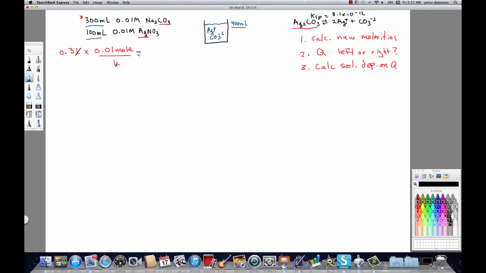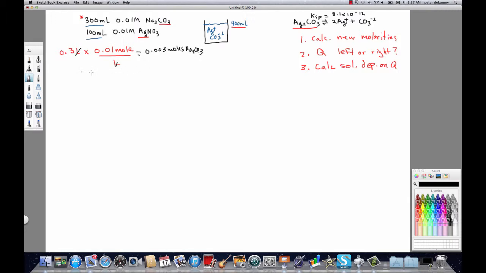What we get for the moles of the sodium carbonate is 0.003 moles of sodium carbonate.